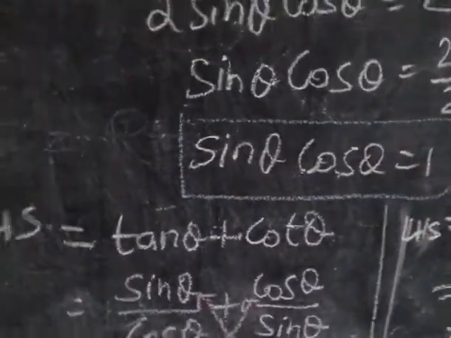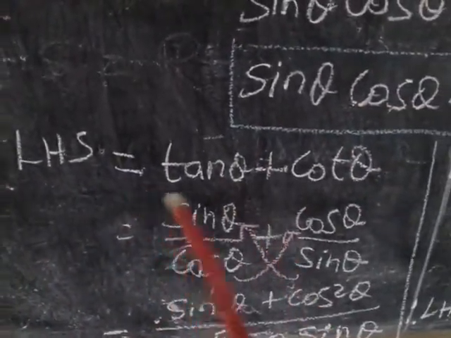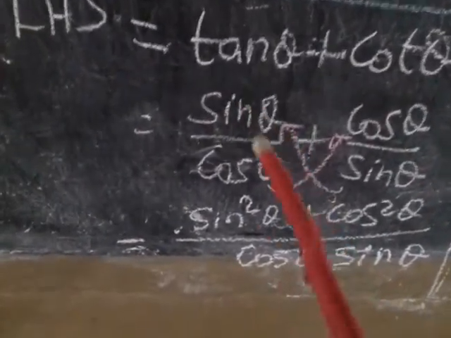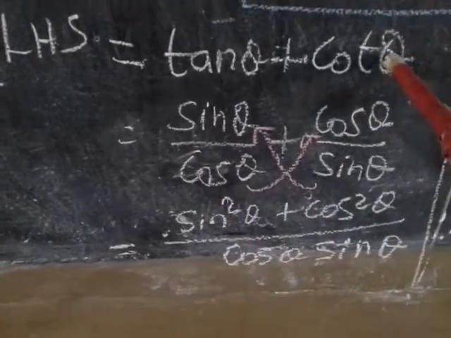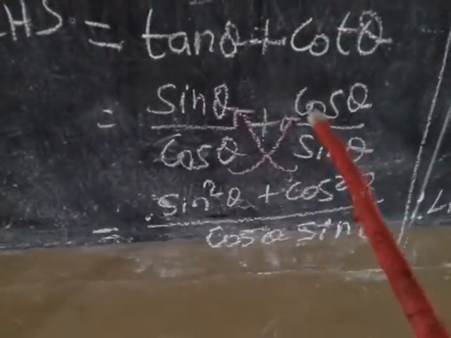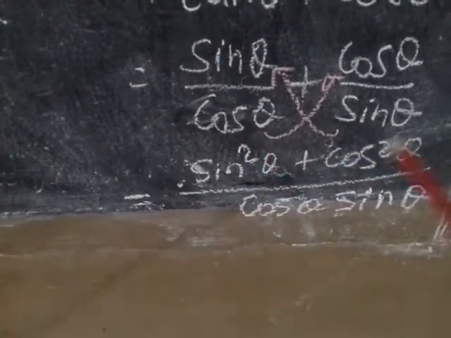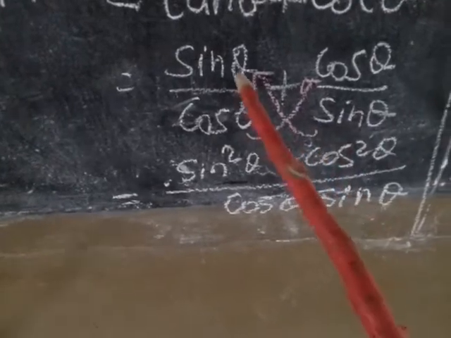Next, to prove that the left hand side, tan theta plus cot theta. You write tan theta as sin theta by cos theta, and cot theta, the reciprocal, as cos theta divided by sin theta. Here the denominators are unlike, so we could take the LCM, but I will cross multiply instead.